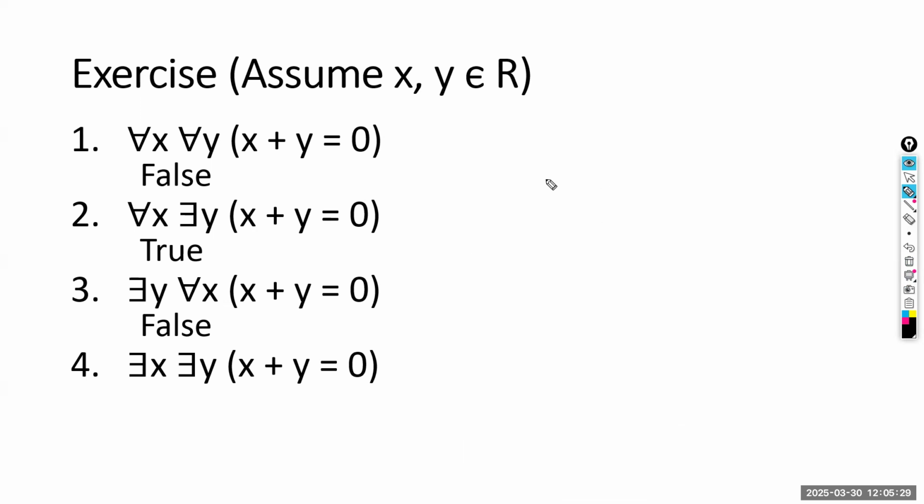Can you tell me whether this is correct? Exists x, all y, x plus y is y.